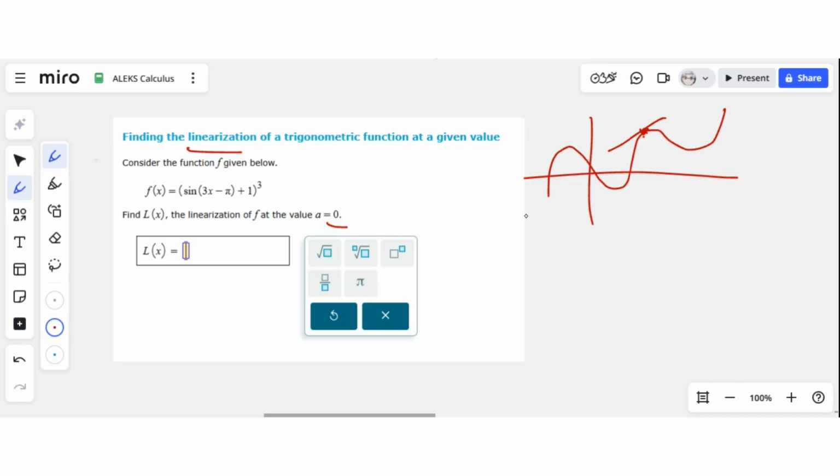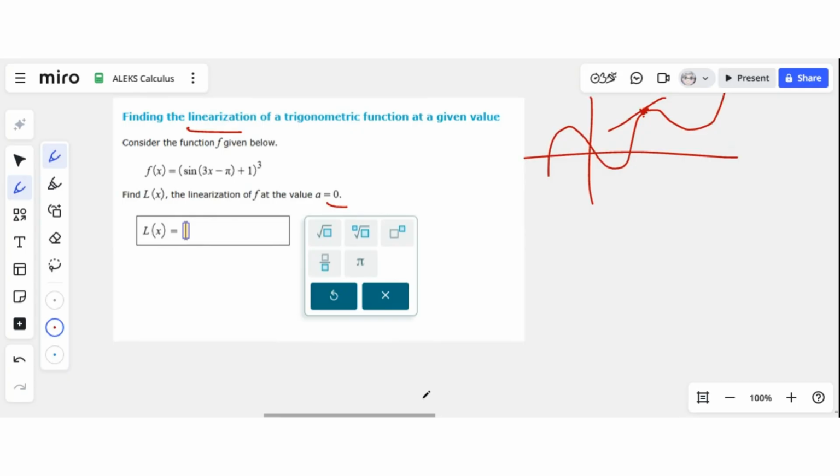And once we've got a slope and a point, we can write an equation for this line. So let's start with the derivative. This is actually a fairly complicated derivative. We've got a big complex trigonometric thing inside here, but it's all cubed. So I'm going to start by saying, let's use the chain rule. Let u be the sine of 3x minus pi, plus 1. And our new function is u cubed.